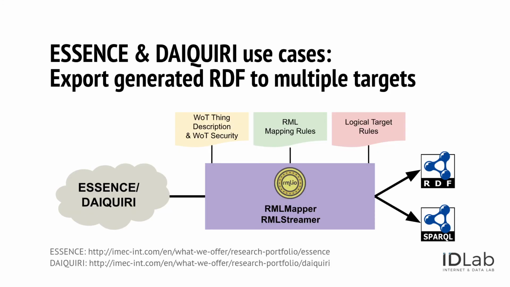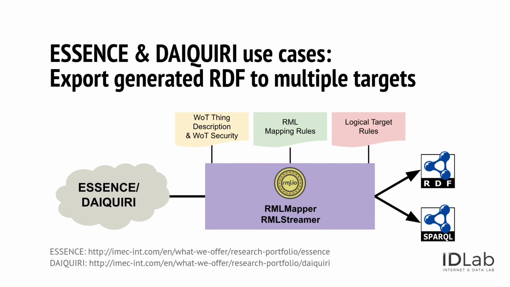In practice, this means that on the left we have our Essence and Daiquiri web API and stream. We have then a Web of Things thing description and security to access the Essence web API or the MQTT stream of Daiquiri. Once we have accessed this with the RML mapper or streamer, we can use the RML mapping rules to transform this data into RDF.